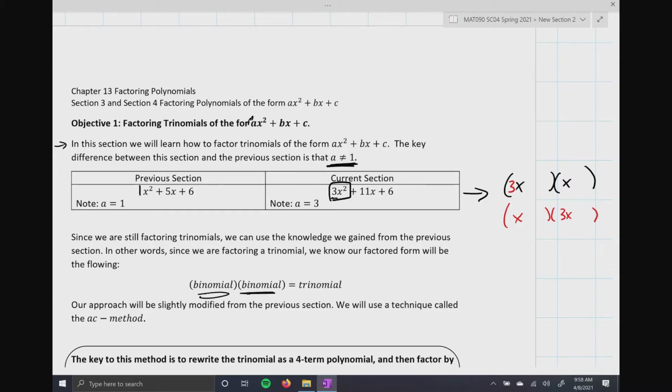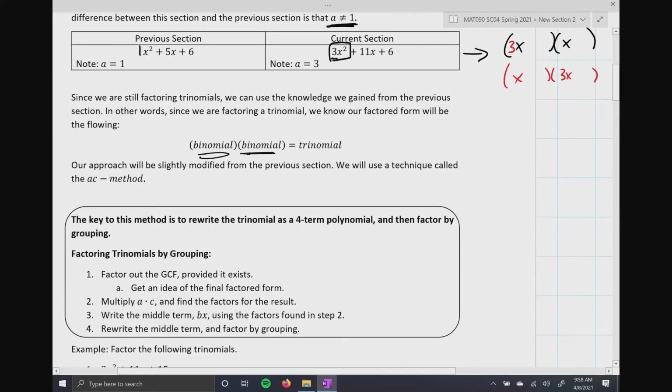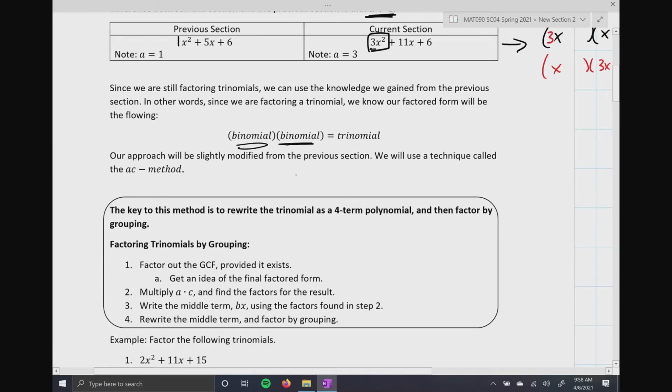In section 4, they teach you this thing called the AC method. That's what I'm going to teach you. All right? So, our approach will be slightly modified from the previous section. We're still going to do our steps, but there's an additional step that we need to throw in there.